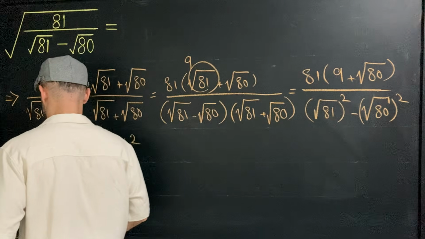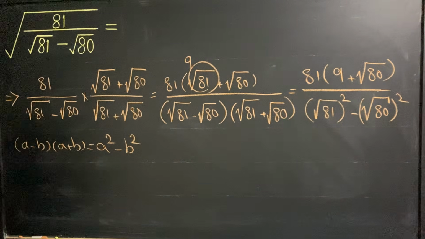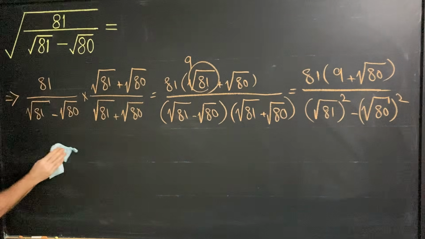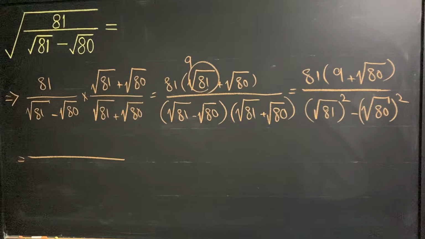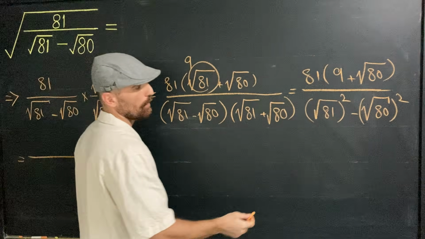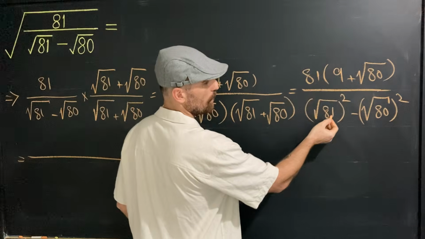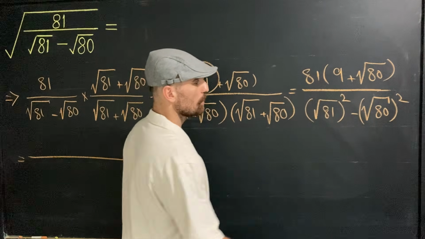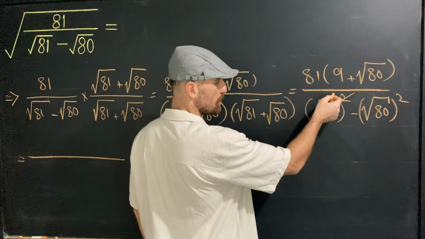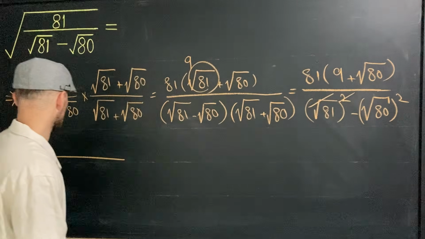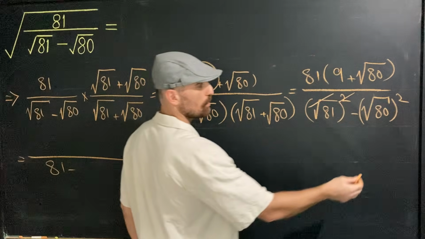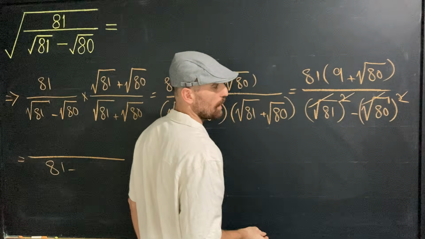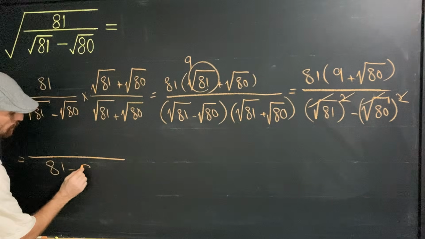Next step. Let me erase this part. We have, let me start with the denominator. Here we have second root of 81 raised to the power of 2. So this 2 as exponent and this 2 as root can be cancelled off. I write here 81 minus, again, these two cancelled off, so I write here 80.